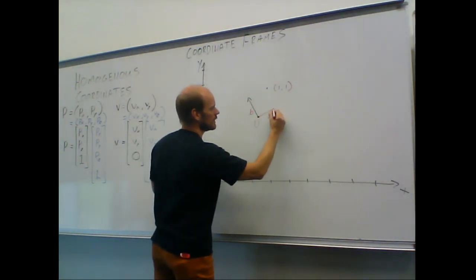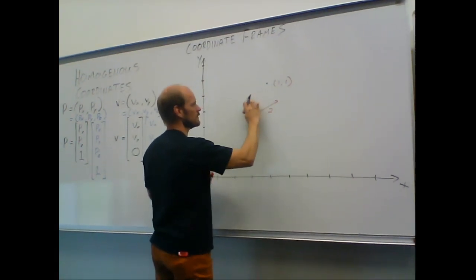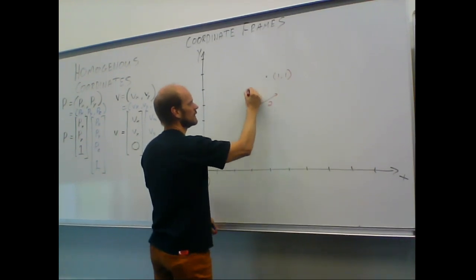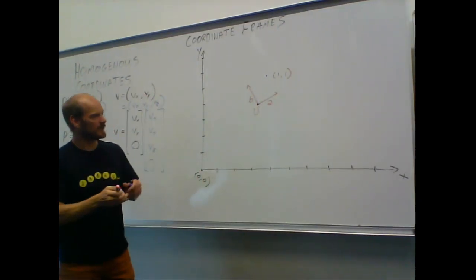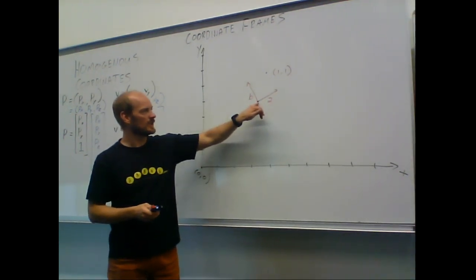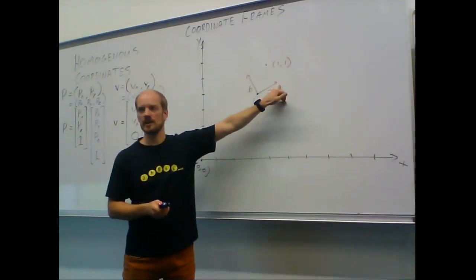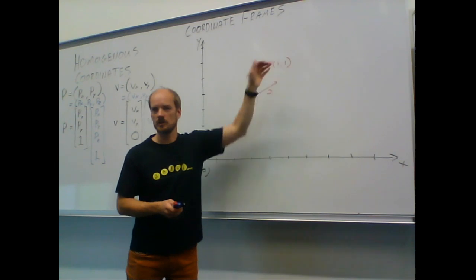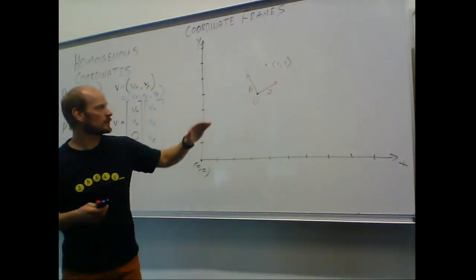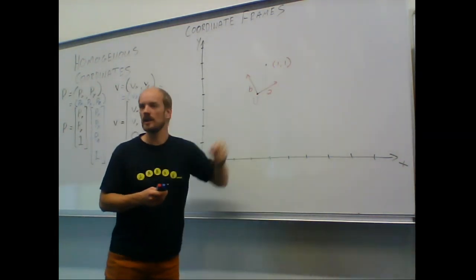Let's just draw the coordinate frame in red as well. So in this coordinate frame, I start at the point of origin and I count 1 in this direction and 1 in this direction. So I'm counting along A and I'm counting along B for my x and y coordinates.